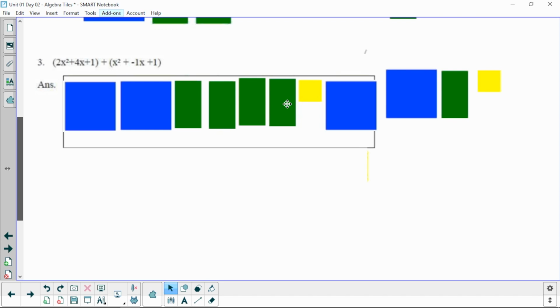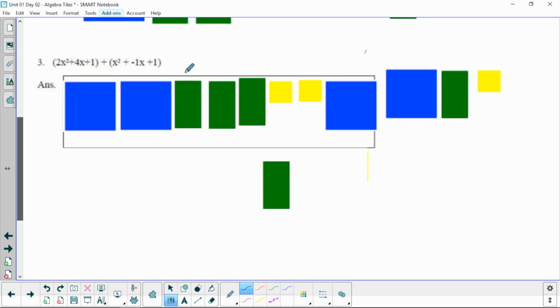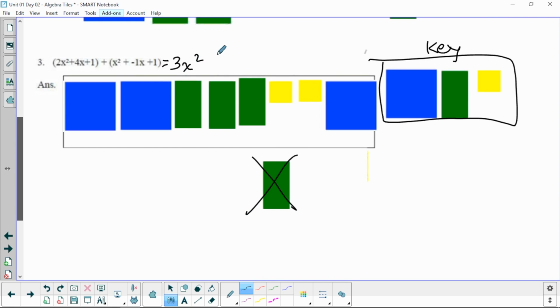I have a minus 1x, so I'm going to take 1 away, and I have another 1. So I can find the total of this. I have 3 x squareds. Remember, this is the key place where I've been stealing from. I've been taking my variables. So I've got 3 x squareds. I took away this x, so I've got 3x left. And I just have 2 little ones, so that's my final answer.